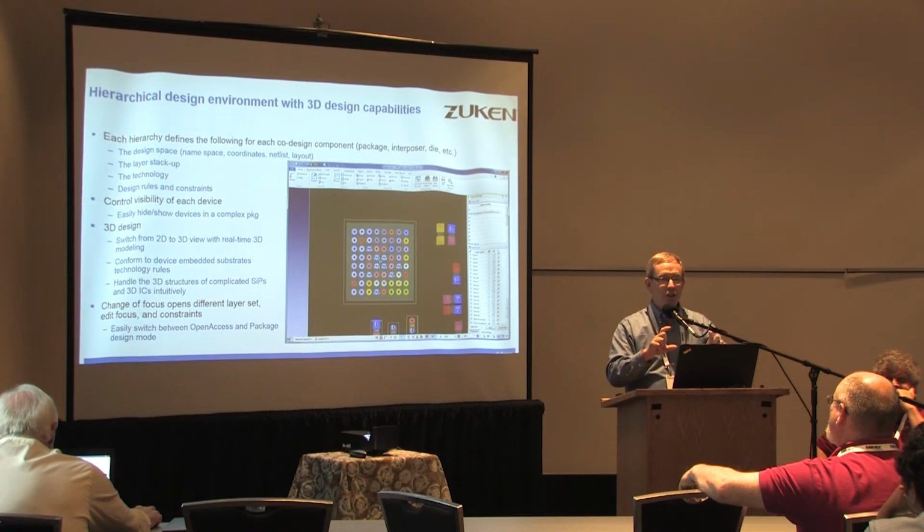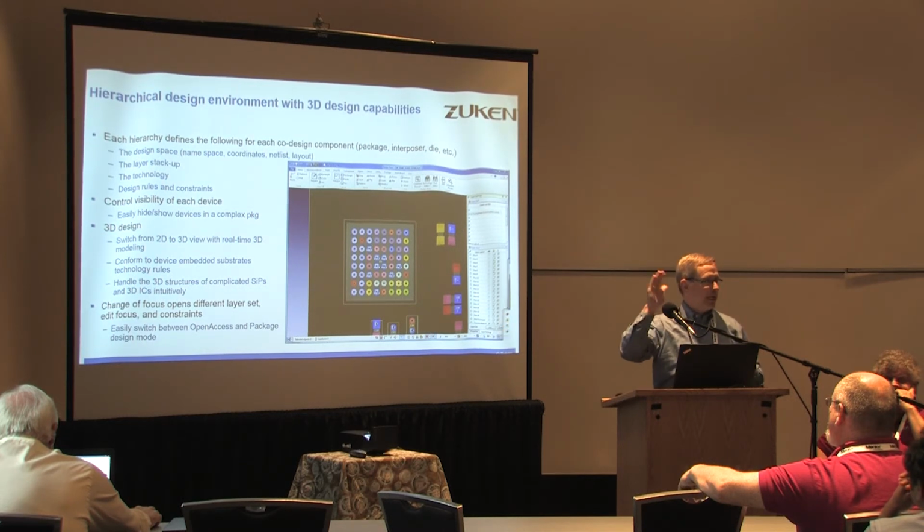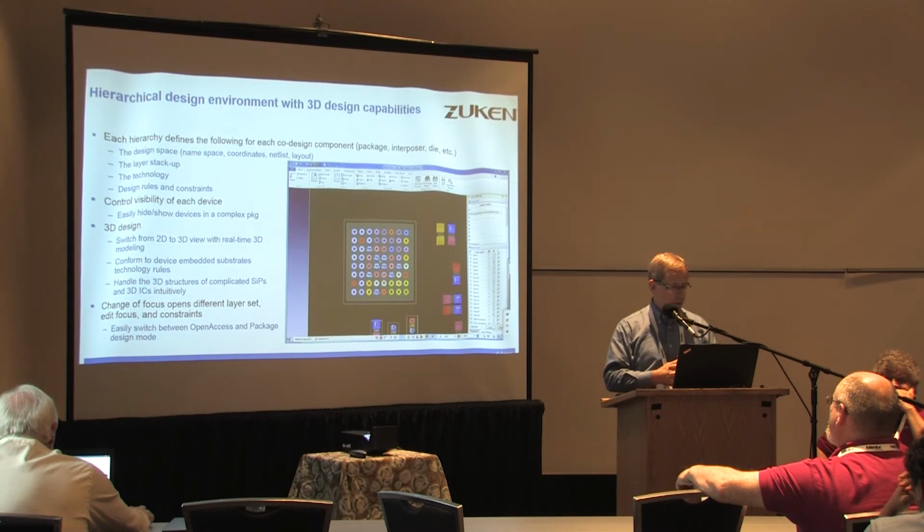Or you can turn on the middle 2 and see how they're relating to each other. And then you can move that visibility around very easily. As you can see, we're going in and out of 3D easily, and it's very easy to control that visibility. As we change the focus, as you just click into each of the parts, it changed the context into the design space, layer stack up, rules, and namespace of that part.